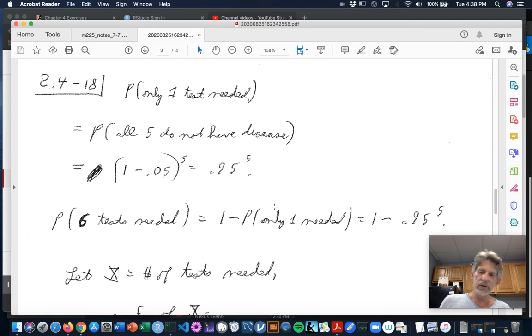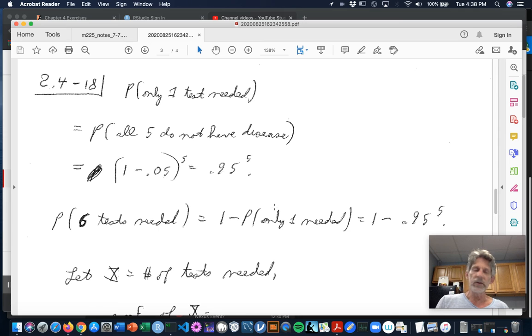And if the result's negative, then you figure nobody had the disease, and you just stop there with the one test. But if the result of the test on this mixed blood sample was positive, then you figure at least one of those people we mixed up must have the disease, so we better test each of those people.